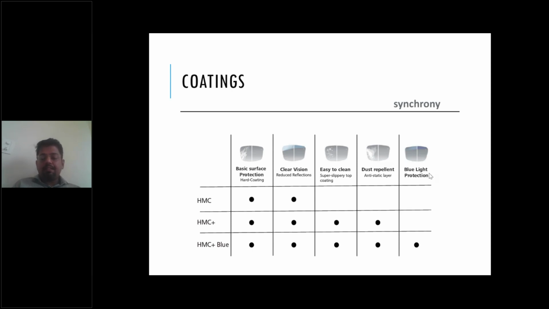And blue light, as already mentioned, the harmful blue light emitted by digital screens nowadays, be it a laptop or a mobile phone or a TV screen or an iPad or whatever digital screen you use.